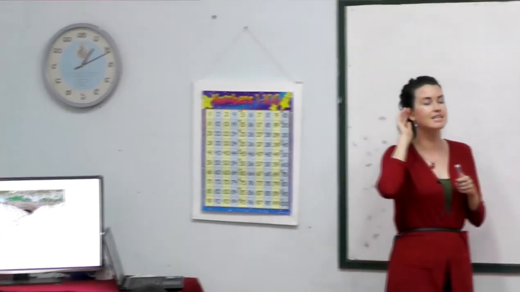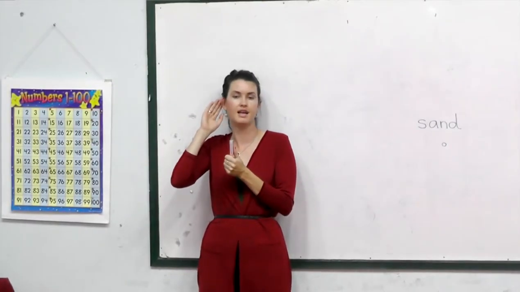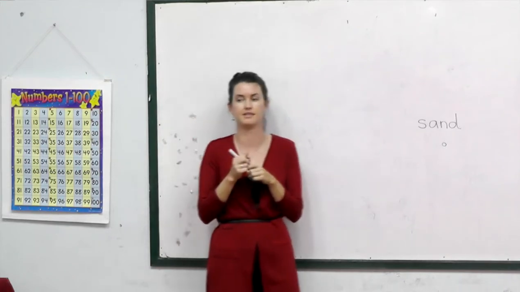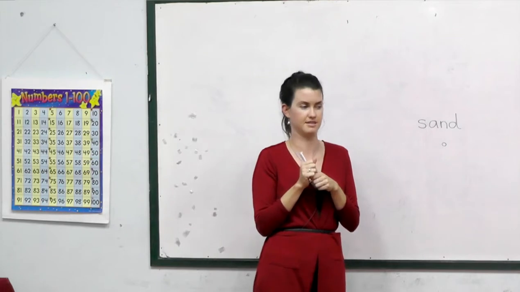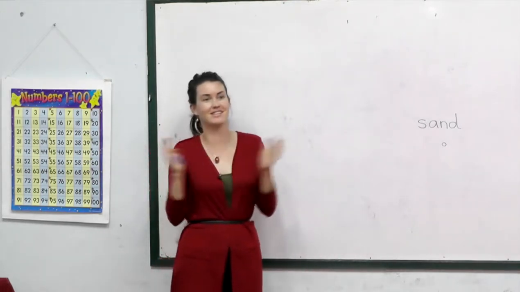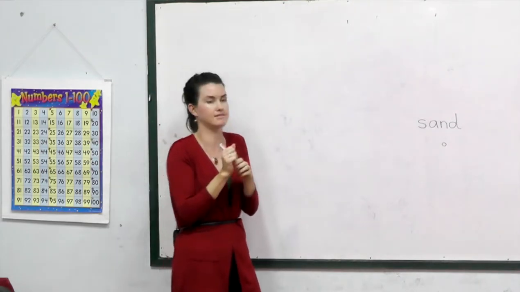So let's think about the 4 sounds in silt. S, i, l, t. Good job. Great job, friends. And then if we smash it all together, we get the word silt.